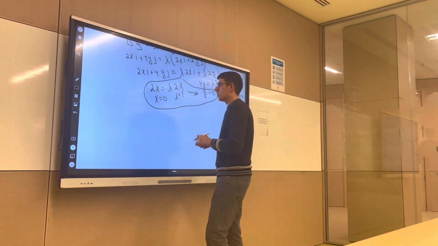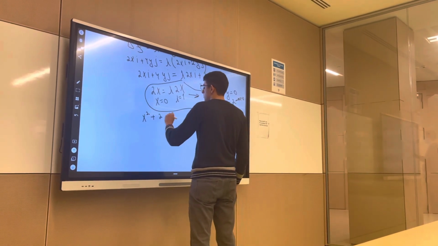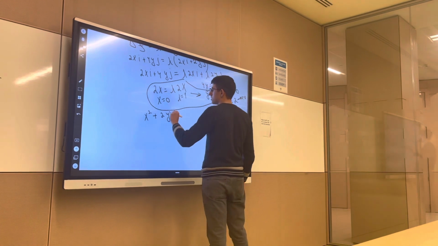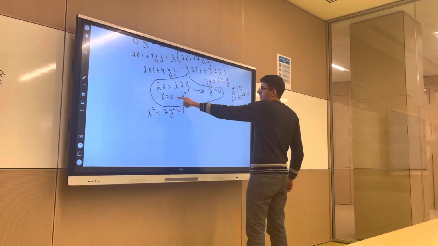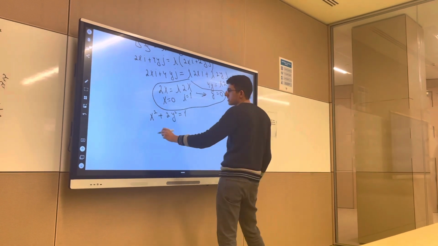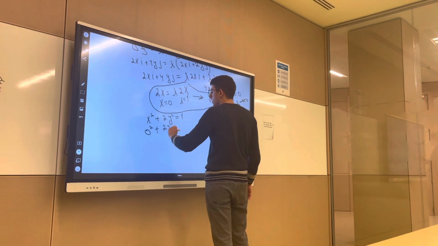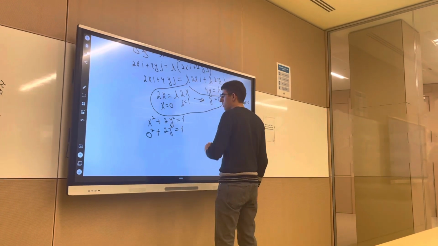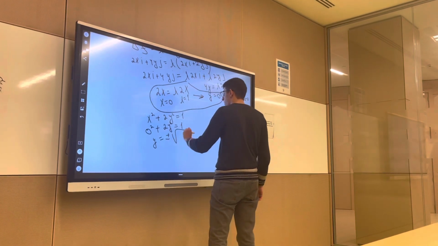As you know, our equation is x squared plus 2y squared equals 1. So we substitute our findings first here, and we get 0 squared plus 2y squared equals 1, so y equals plus minus 1 over square root 2.